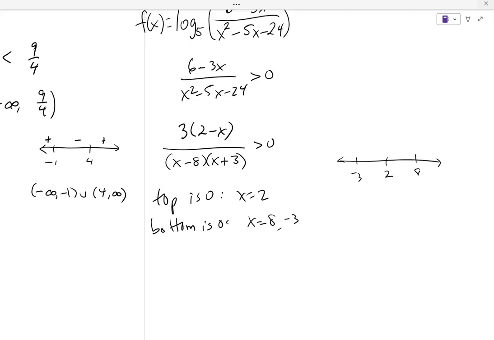Picking something that's less than -3. -4. We put -4 in for x. The top, is that going to be positive or negative? Positive. Good. This term will be negative, and that term will also be negative. So if we have positive over negative times negative, what's it make? All things positive. Good.